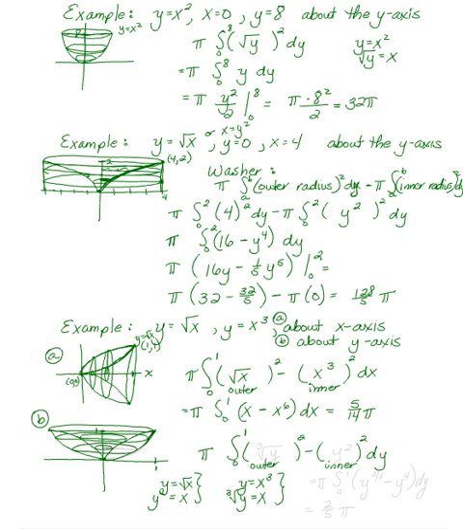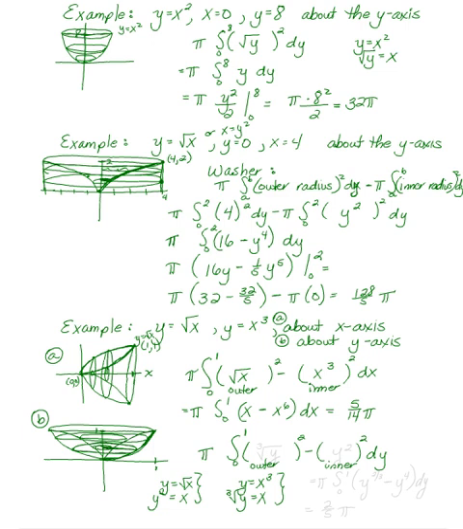Now what we need to do is identify which of these is the outer radius and which is the inner radius. If I look at this washer right here, I hope you can see that our outer radius goes from the axis out to this function right here, and that function is the one where y was equal to x cubed.